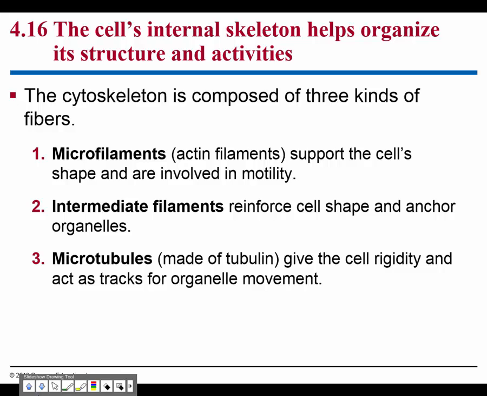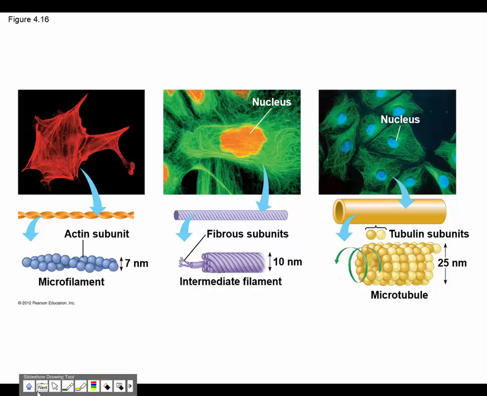Intermediate filaments reinforce the shape and anchor organelles. Microtubules give the cell rigidity and act as tracks for organelle movement. So when the organelles want to move, it's microtubules. So here's your graphic. You have your actin subunit, the microfilament, and then your fibrous subunits, and then your microtubules.